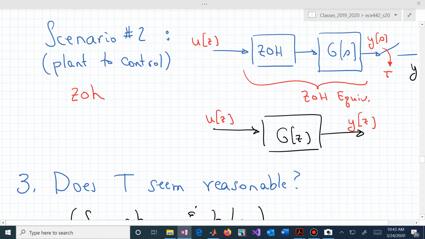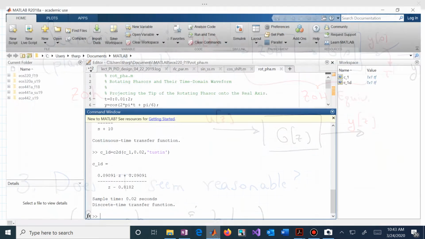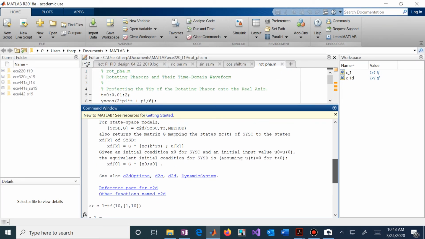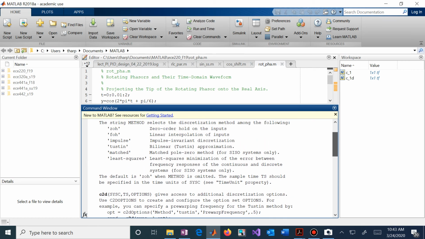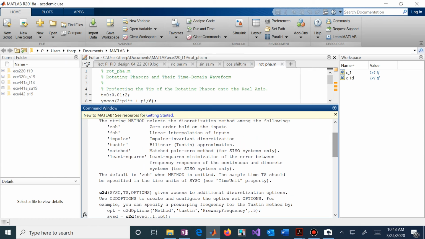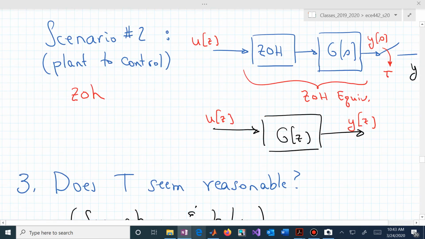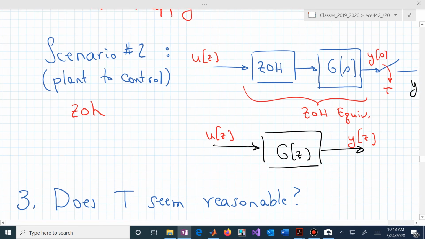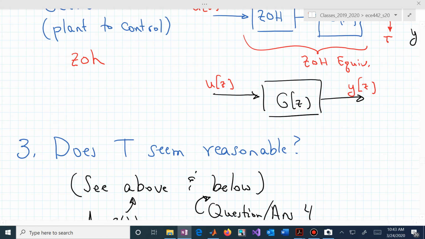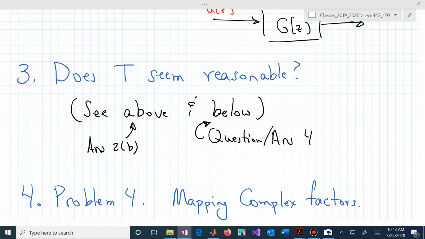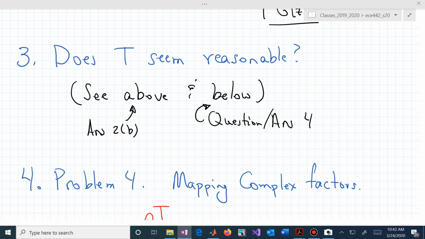In MATLAB, actually I can do that right now. Matched is what they call it in MATLAB. And then it has the scenario number 2, which is the zero order hold. Does the sample period seem reasonable? Well, we just talked about it in answer 2b above.